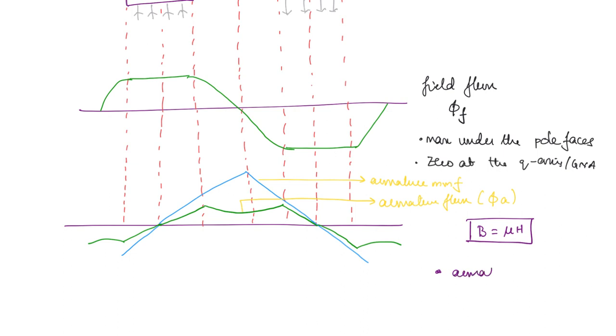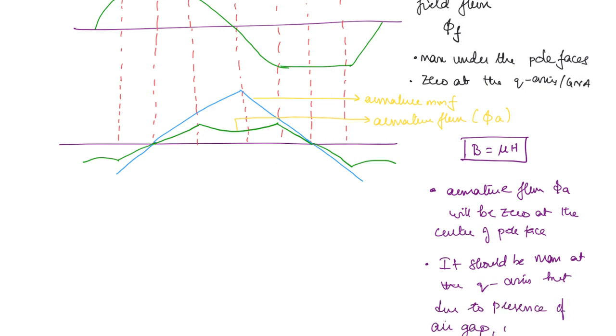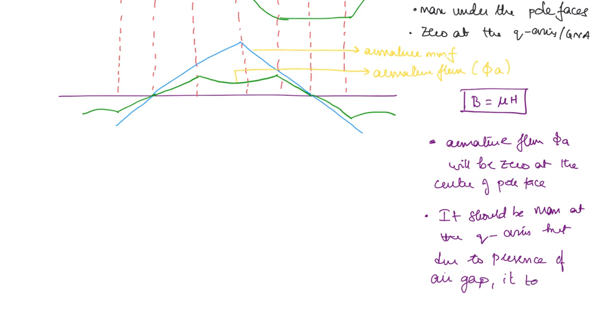The armature flux phi A will be 0 at the center of the pole face, and it should be maximum at the q axis, but due to the presence of the air gap it takes a dip.